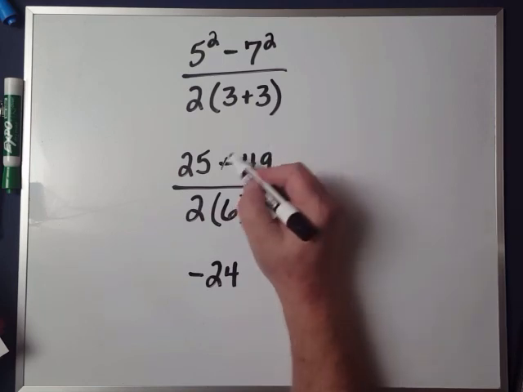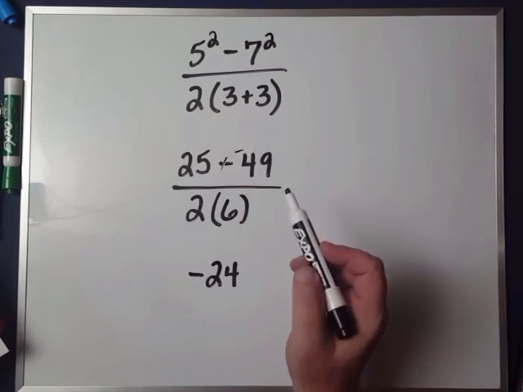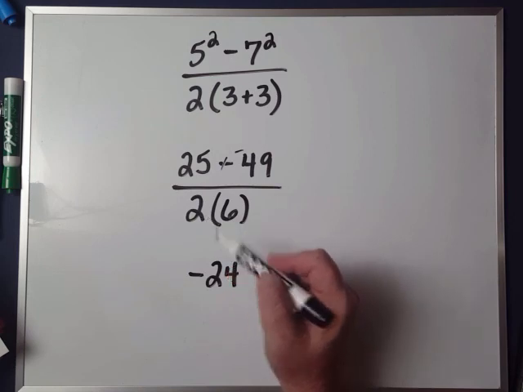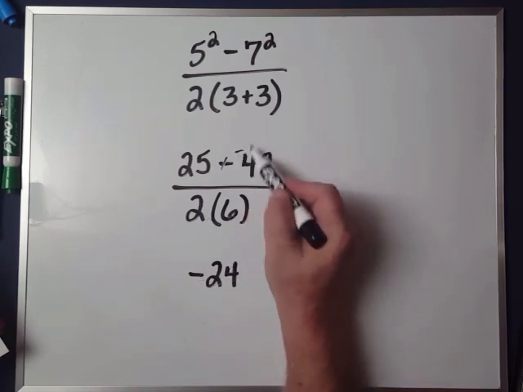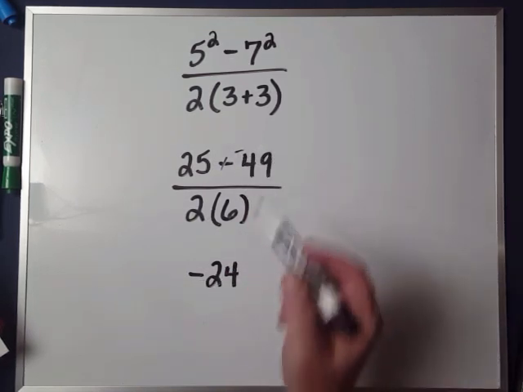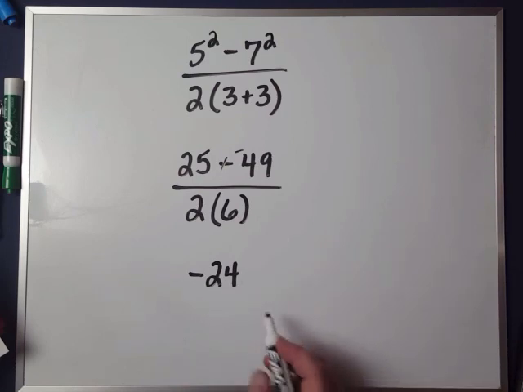Same thing as if we'd made 2 marks. We would subtract big minus little and give the answer the sign of the larger absolute value. 49 is bigger, it was negative, and so the result is negative.